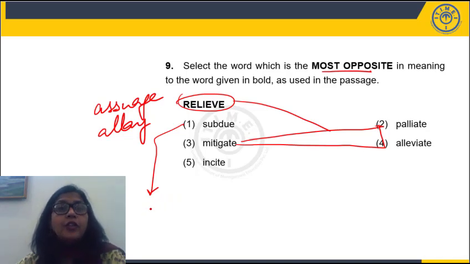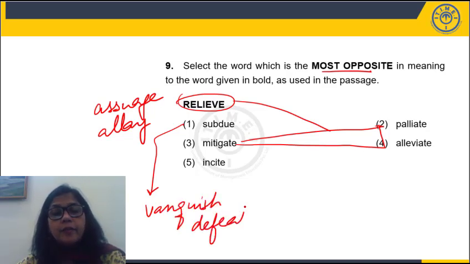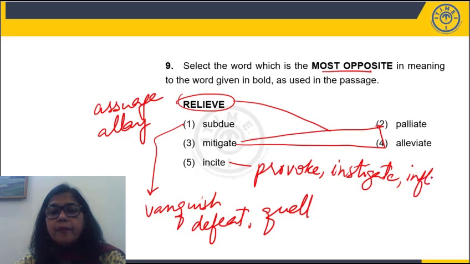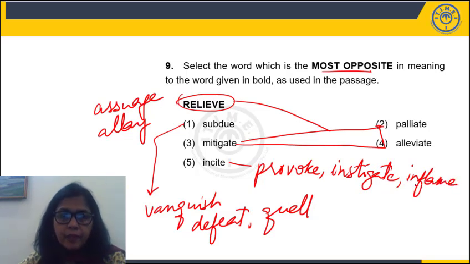Or when you subdue an enemy, it becomes vanquish, defeat, quell, right? Incite would be to provoke, to instigate, to inflame, right? So opposite of relieve would be to incite.